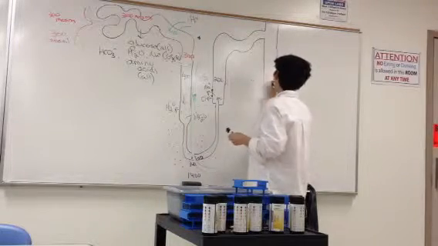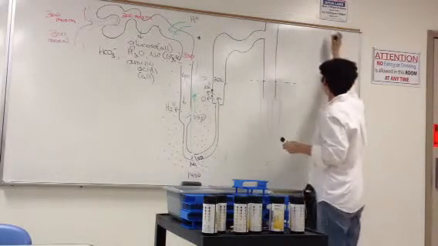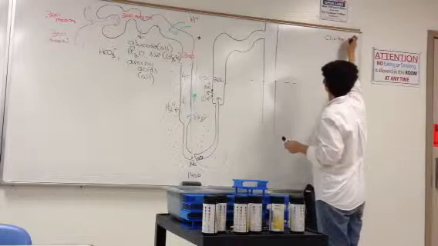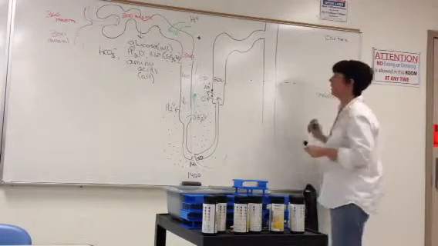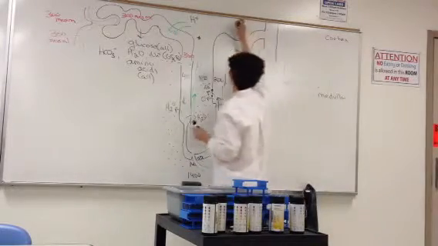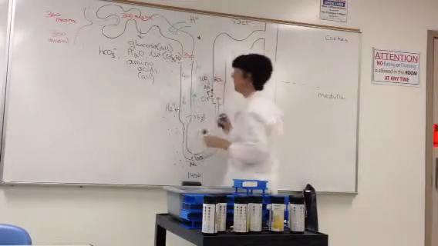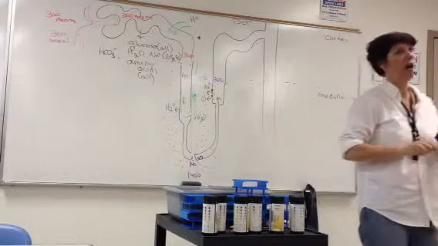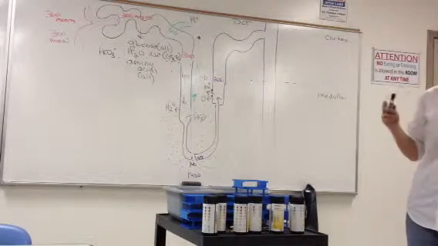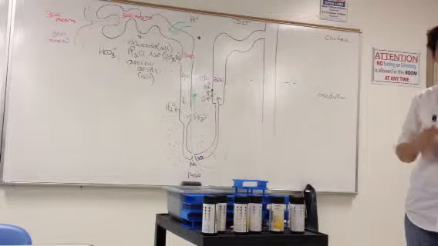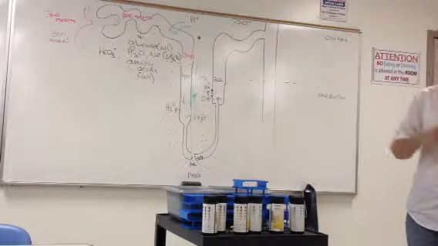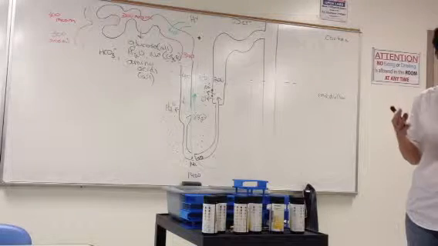We're going to have our cortex and our medulla. The distal convoluted tubule, like the proximal convoluted tubule, is always present and only present in the cortex. Okay, so again, capsule, proximal, distal convoluted tubule, we only see in the cortex.